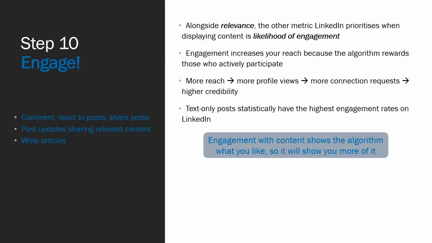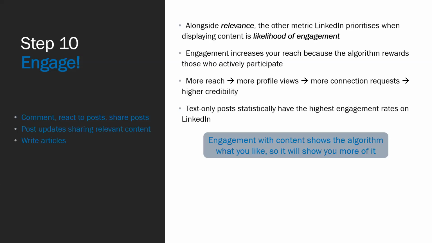And LinkedIn also wants you to stay on the platform as long as possible. So they would also reward things where people don't have to leave the platform. So if you're writing an article or a blog and it's on Pulse, which is a LinkedIn product, a free product, basically the LinkedIn blog, they are more likely to reward your post by showing it to more people and increasing your reach.